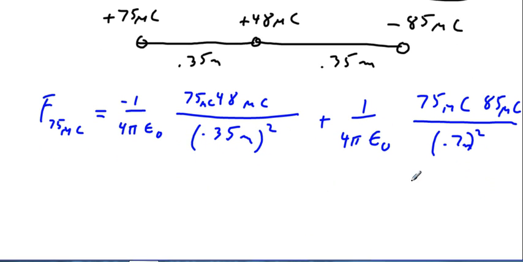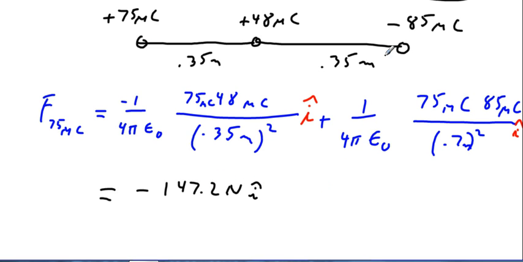And I run all those numbers through my calculator, and I also say to myself, I am in the x direction here, so I'm going to put an i hat sitting there and an i hat sitting there, so I know that this force is in the x direction, and I'm going to end up with minus 172.2 newtons in the i direction.